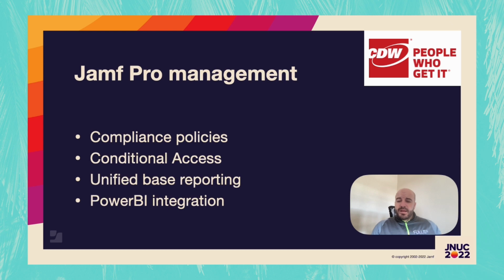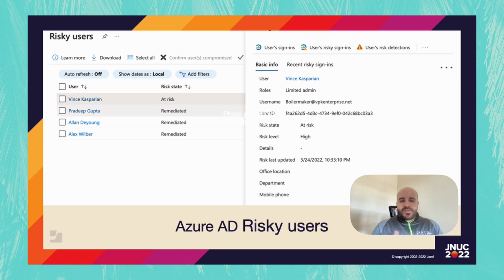So one thing Microsoft does on the back end is they can show your user when they're at risk. They show it as a low level risk, a medium level risk, and a high level risk. As you see here in this example, the identity portal, my account is showing at a high level risk.